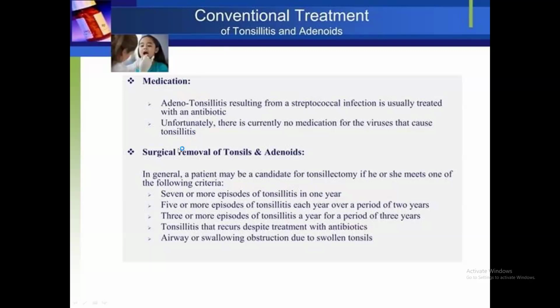And sometimes when the child is suffering from repeated attacks of adenoids or tonsillitis, in general, the patient may be a candidate for tonsillectomy if he or she meets one of the following criteria: when there are 7 or more episodes of tonsillitis in a year, or 5 or more episodes of tonsillitis in each year over a period of 2 years, or 3 or more episodes of tonsillitis in a year for a period of at least 3 years.